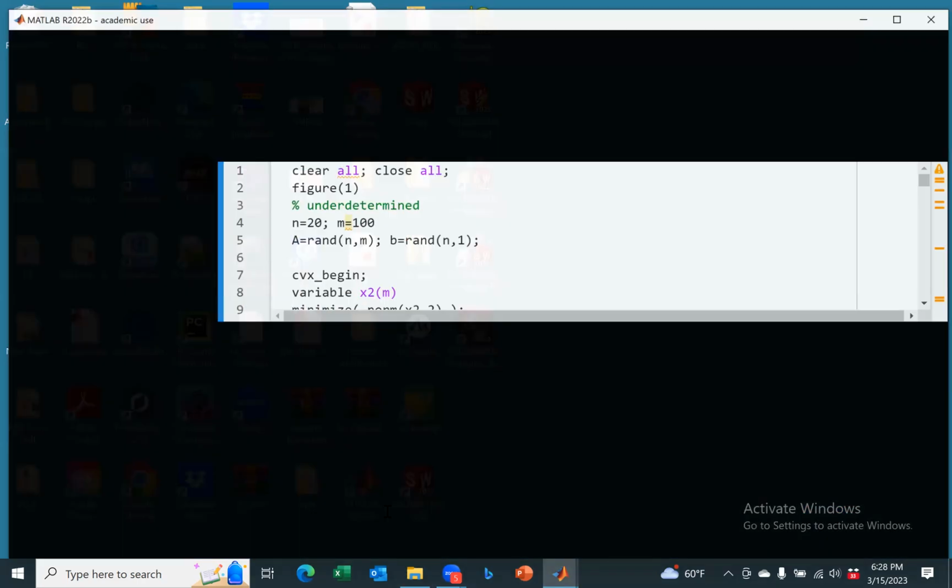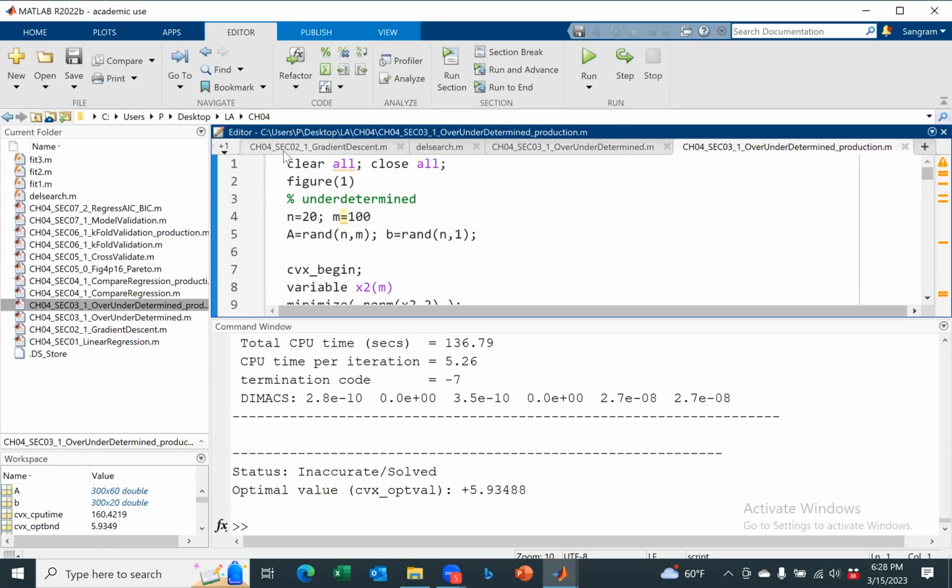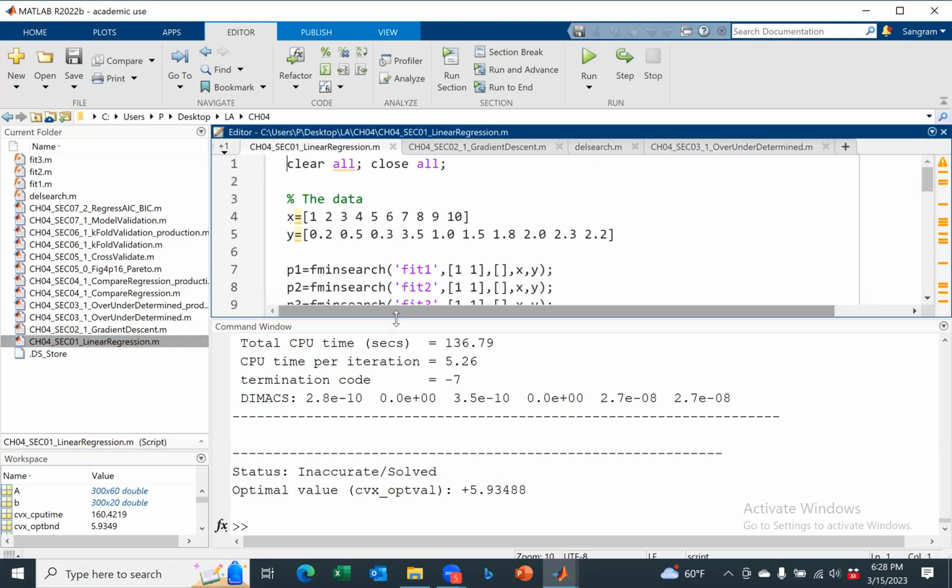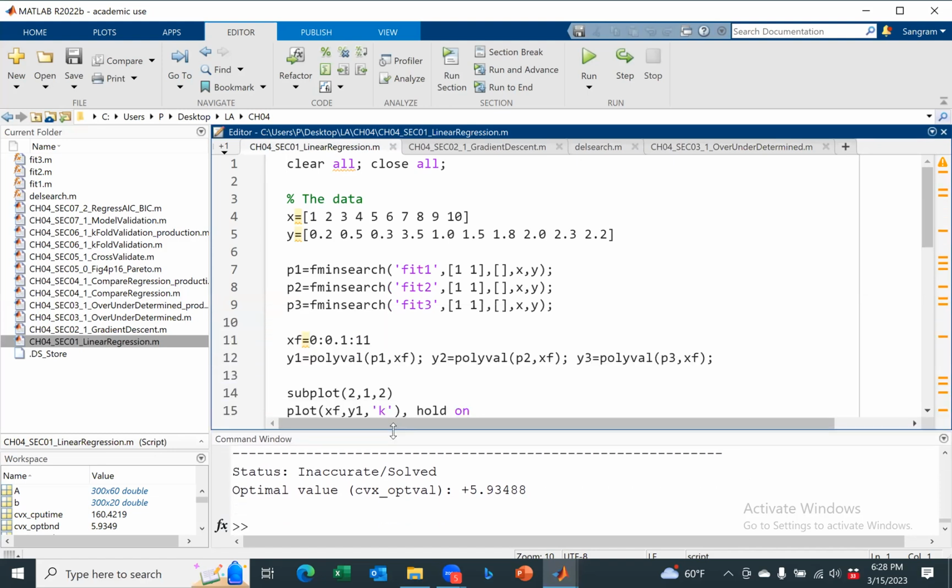What I want to do is look at linear regression. So in this linear regression, I have the values of x, I have the values of y, and I want to find out the fit based on different types of norms.